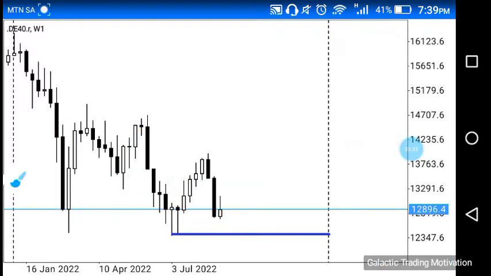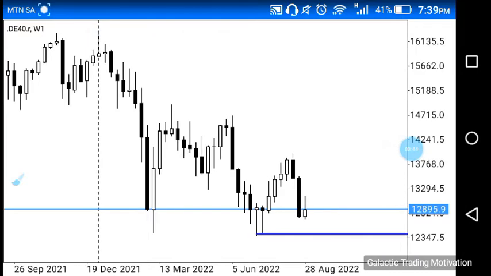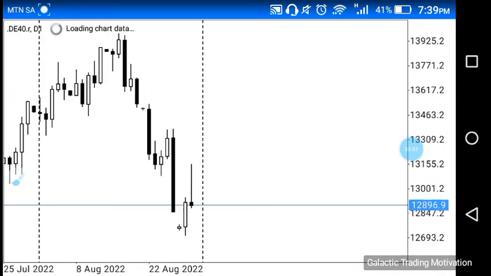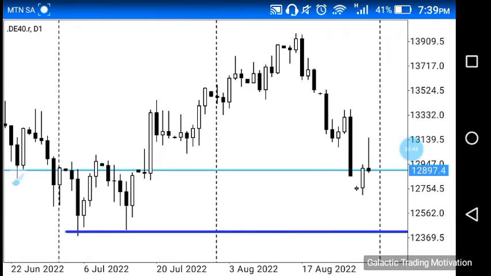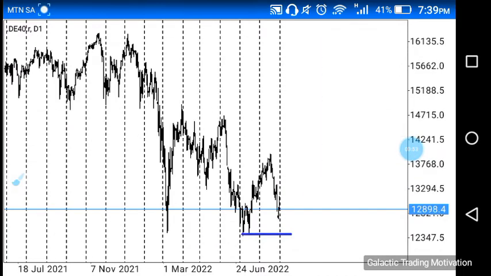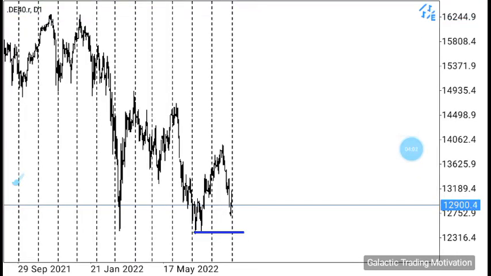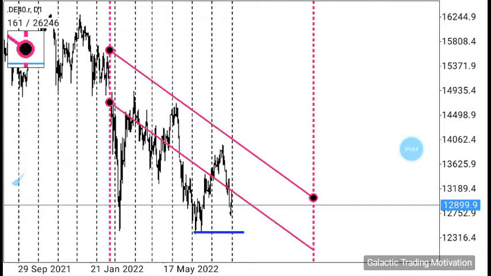Anyway, let's proceed. So what else do we see on this particular chart, which is the weekly chart of Dax40, that we should be paying attention to? I don't see anything further, so what I'm going to do now is head down to the daily chart. Let's see, daily chart. Right, here we are on the daily chart. The first thing that I'm going to do in regards to the daily chart is add my daily channel. So just bear with me while I do so. Here we go.